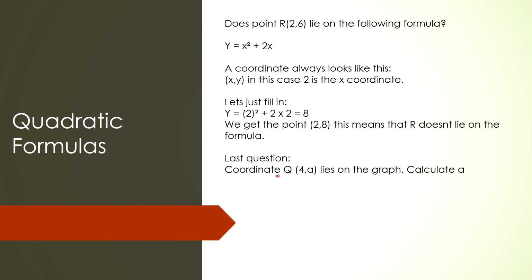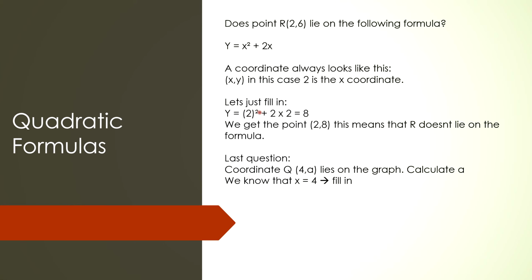Last question, then we're done for the day. Coordinate Q, 4,a lies on the graph, so we know for a fact it does lie on the graph. Calculate a. We know the x coordinate, it equals 4. We can just fill it in again. 4, filling in the place of x, 4 to the power of 2.